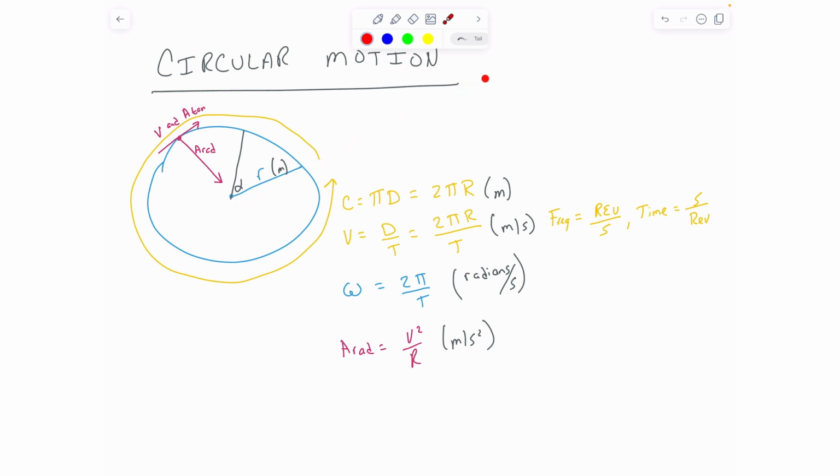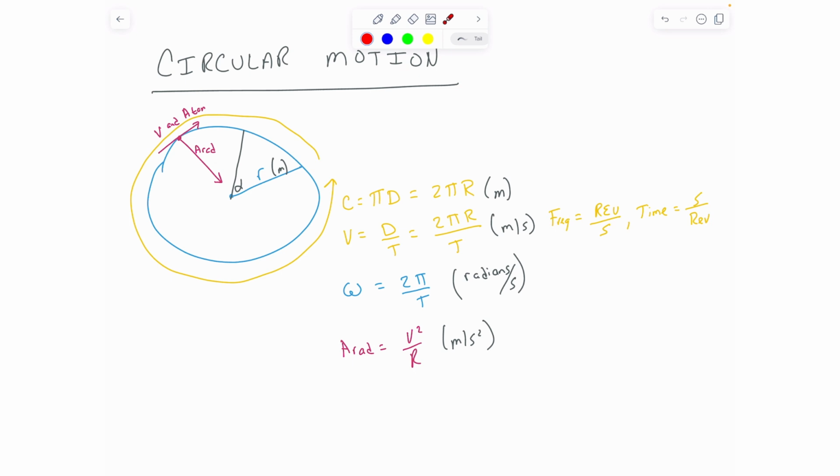So that's why when you do omega, which is just angular velocity, you pull out the radius, because you don't care about that. So once again, angular velocity, or omega, is just velocity minus the radius because you don't care about it.